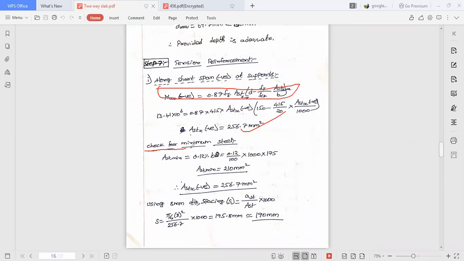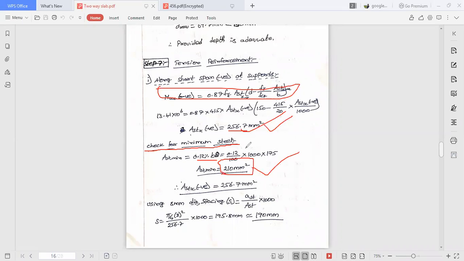But the code is saying it should not be less than minimum steel. What is minimum steel? 0.12% of BD. And after calculation, we got a minimum steel of 210 mm square. As per code, minimum we have to provide 210, and as per design, we got 256. Out of these two, which is the main steel now?